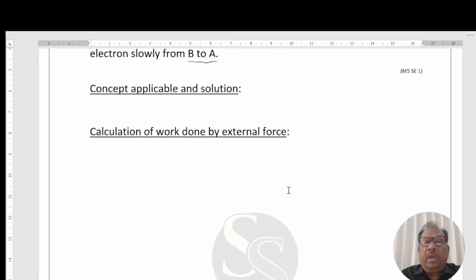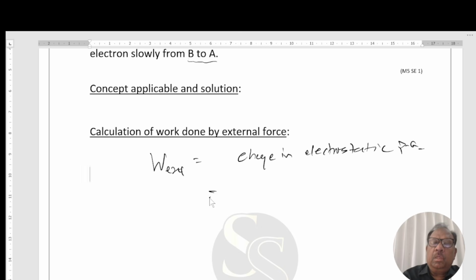Work done by external force is equal to change in electrostatic potential energy. That is Q naught into V final minus V initial.